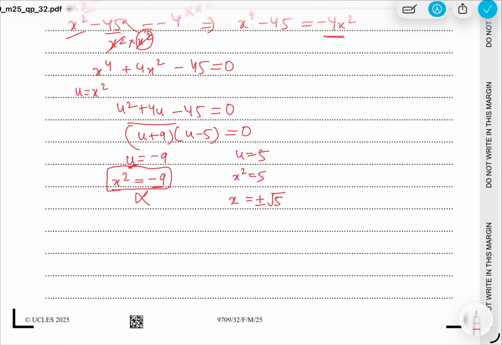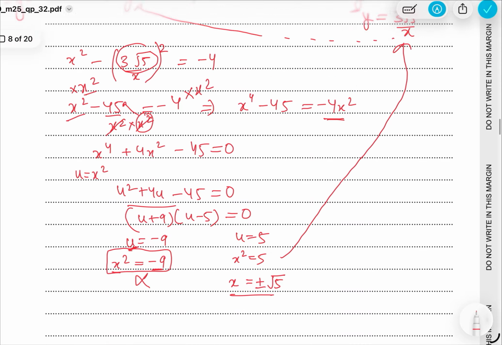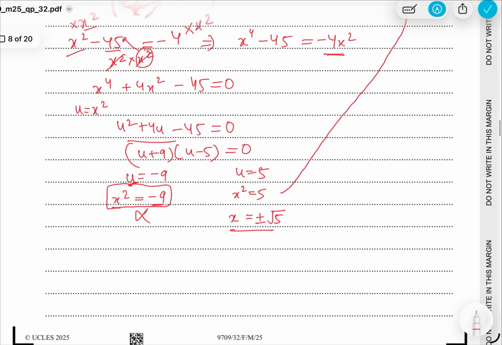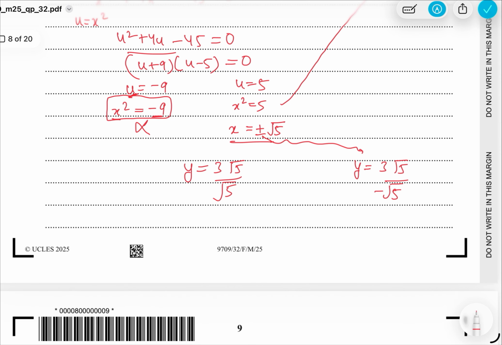Okay. Now substitute it into here and you will get your y. Both values. So y would be 3 upon root 5 upon positive root 5, and y equals 3 upon root 5 upon negative root 5. So y would be plus minus 3.